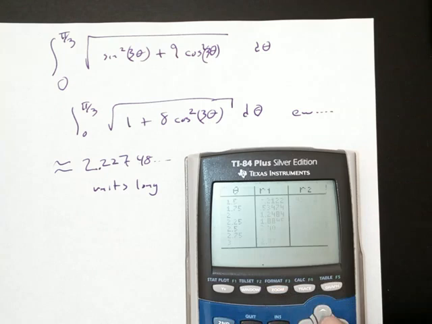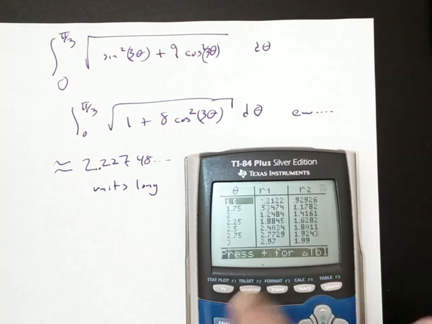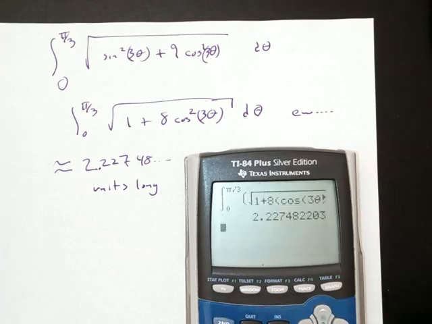Format, no, table. Table set, nope. I've forgotten where that setting is, but there is a way to set the precision level. Are you getting roughly this answer, or are you getting something wildly different?